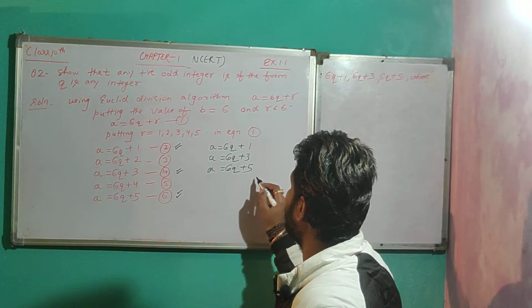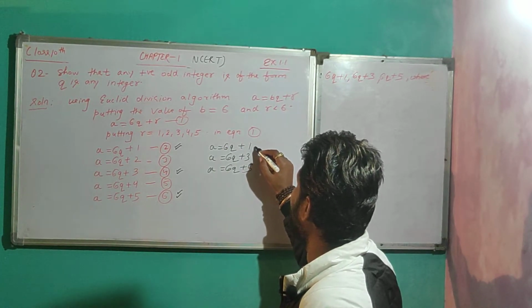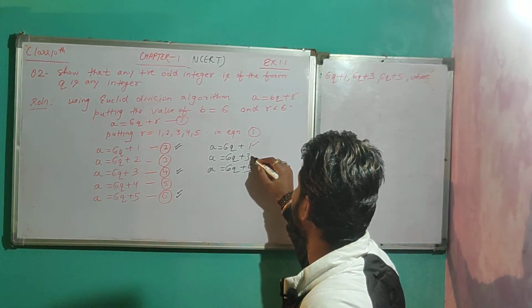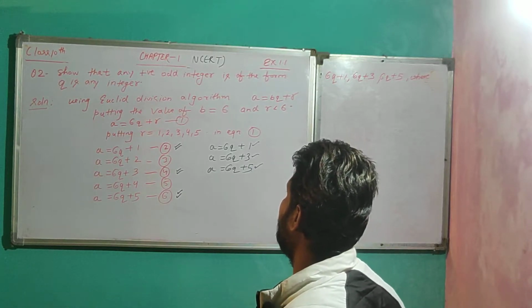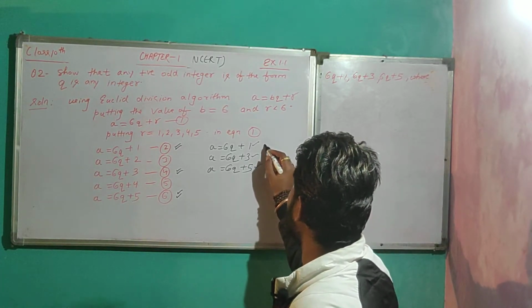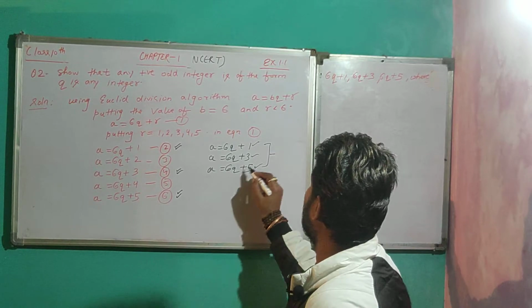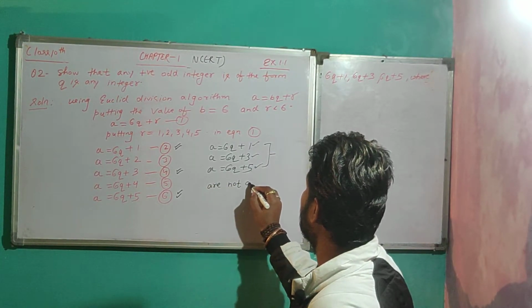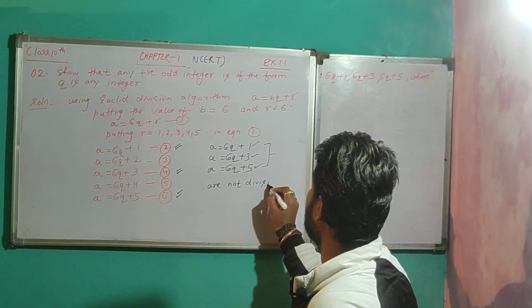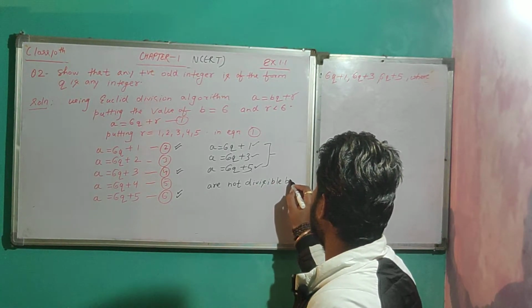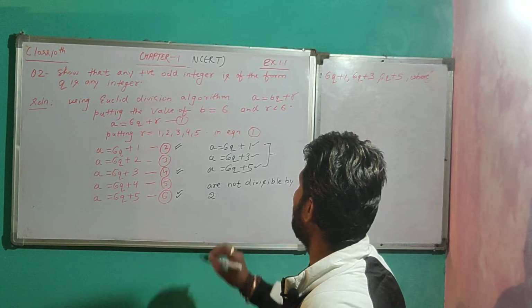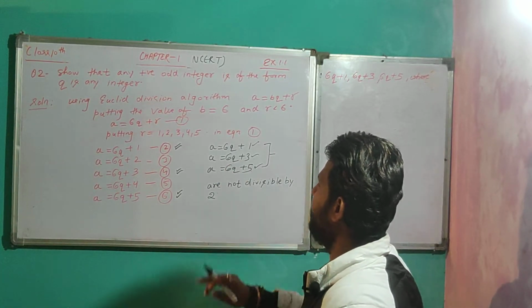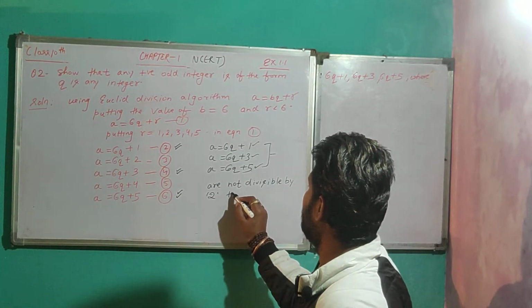Okay. Here you can see all these numbers are having remainders 1, 3, and 5. So all these three equations are not divisible by 2.